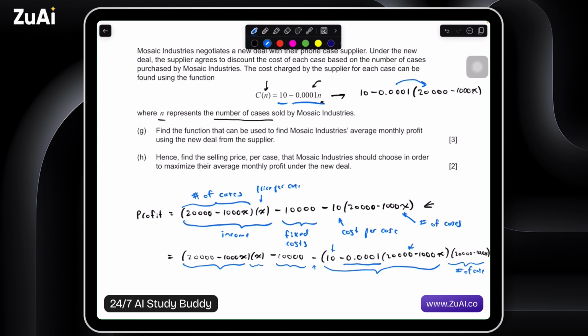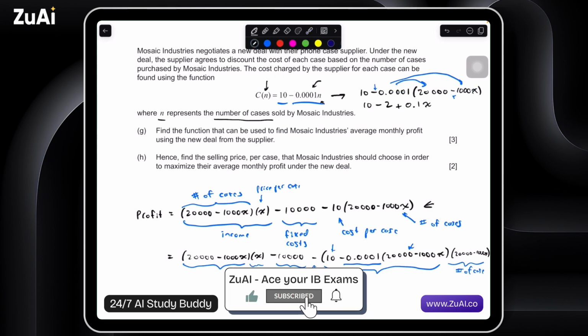We could simplify that because 10 minus 0.001 times 20,000 would just be 2, and 0.001 times negative 1,000x, a negative times a negative would be positive, and this would be just 0.1x. So if we multiply this value times this value, then that again simplifies: 10 minus 2 is 8 plus 0.1x, and this would be the cost per case.